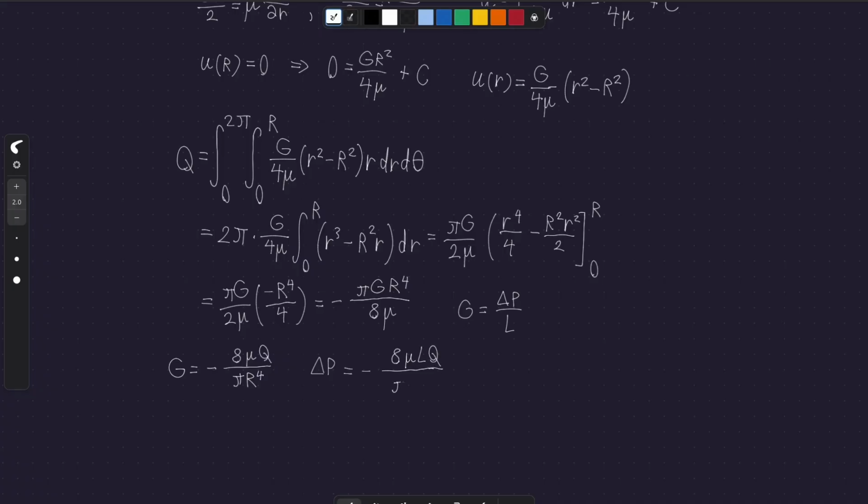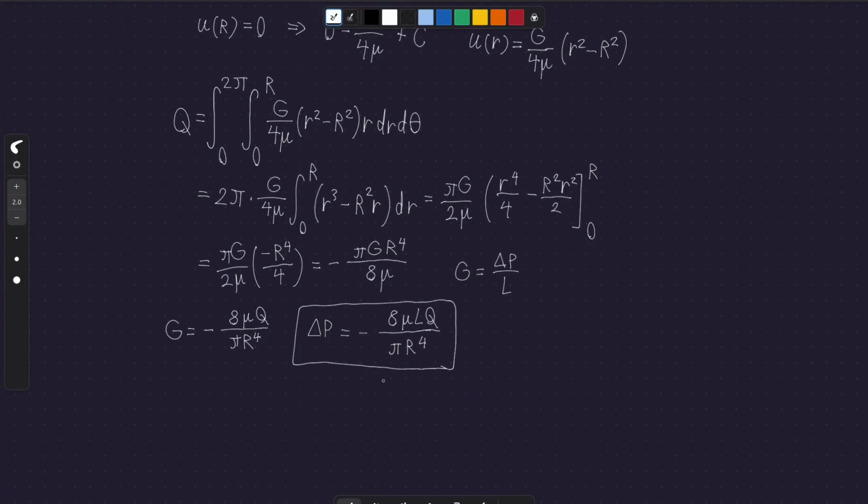And here we have the classical Hagen-Poiseuille formula for the pressure drop of a Newtonian fluid. There's a negative term here because indeed the pressure drops, so delta P is negative. But we can also just remove this, since we know that it's a drop in pressure. So here's the formula.